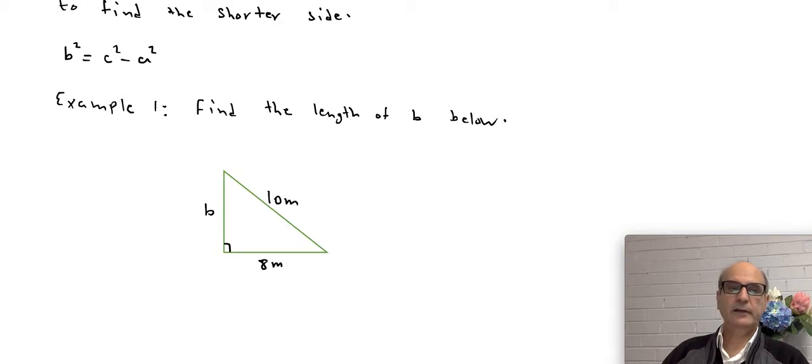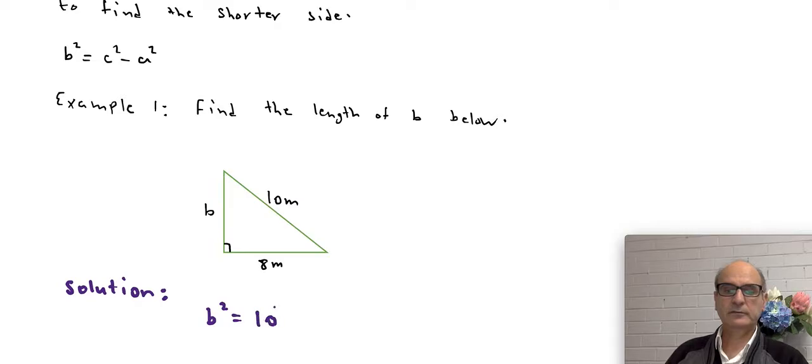All right, now I can use this formula that I have there. b squared equal to c squared. Remember, c is the hypotenuse, and here my hypotenuse is 10.